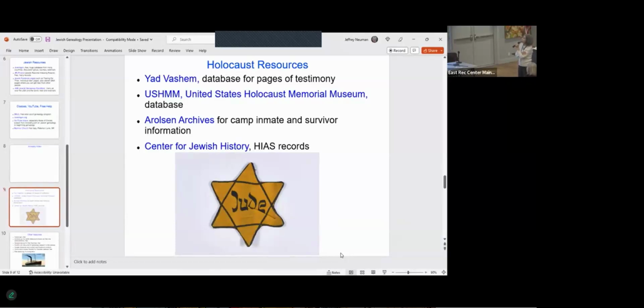They also have a database with lots of information about the Holocaust. And then there's Arolsen Archives, which is very, very good if your information is about displaced people who survived the Holocaust and wound up in displaced persons camps. My first cousin's stepfather was one of them, and I found information about him in the Arolsen Archives.